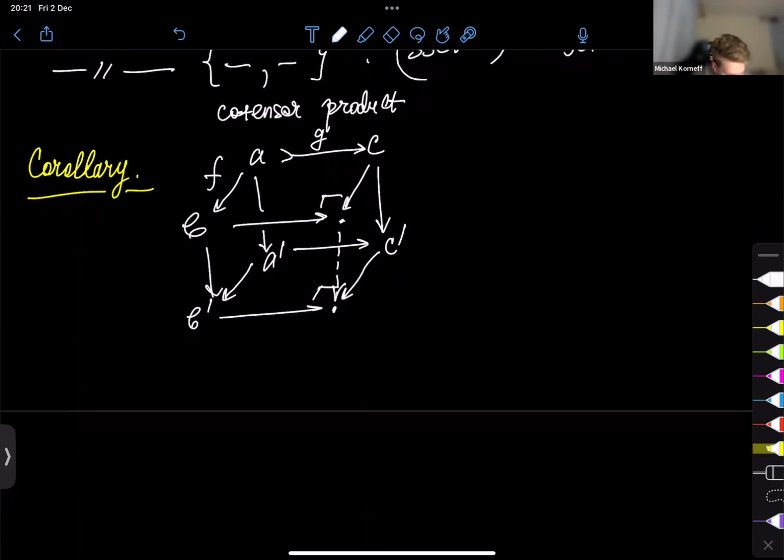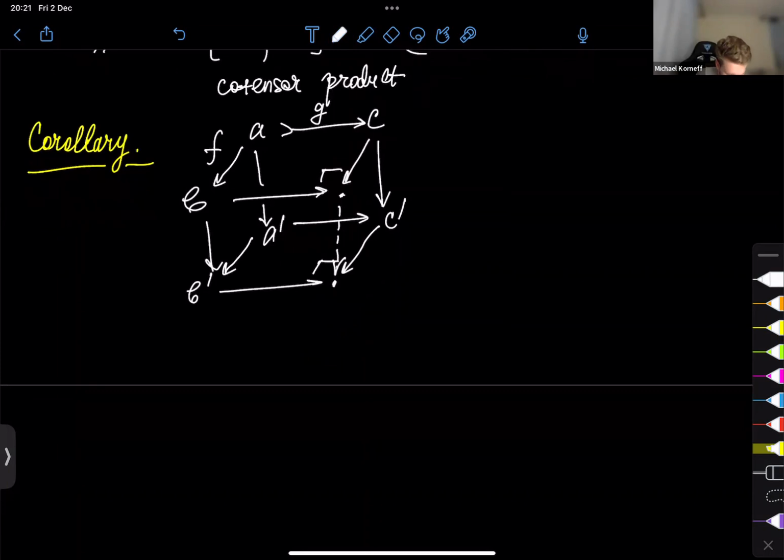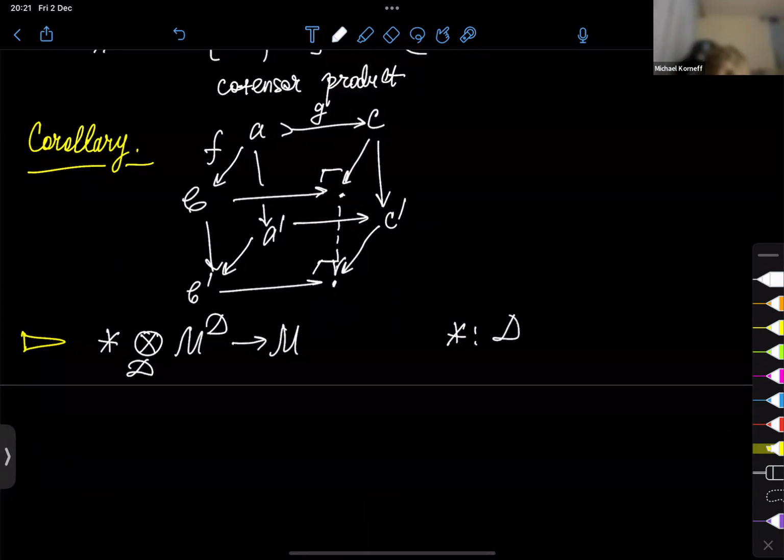So it follows obviously because we know that we have the following tensor product with a constant functor from the opposite category to simplicial sets.